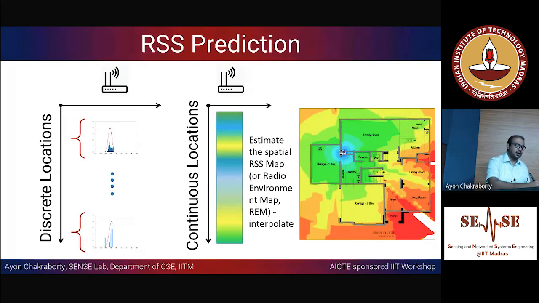Suppose you have collected data randomly at certain locations that are labeled. Can you use this data to estimate the signal strength anywhere? This map of the signal strength is known as the radio environment map.